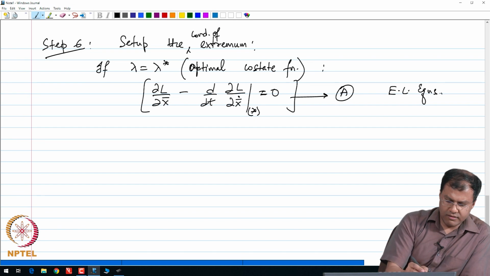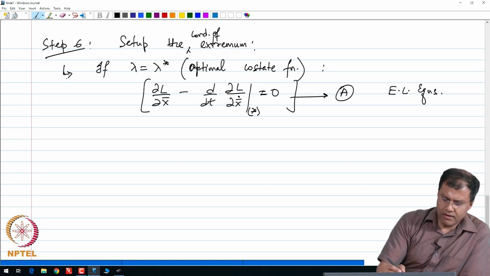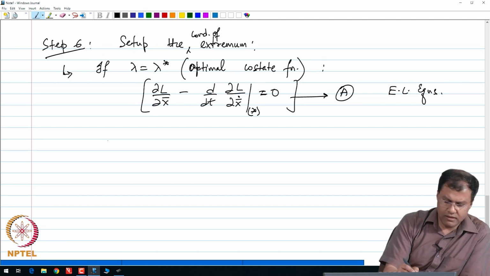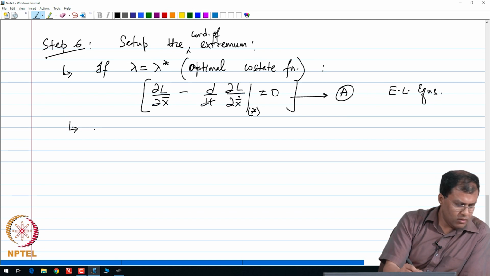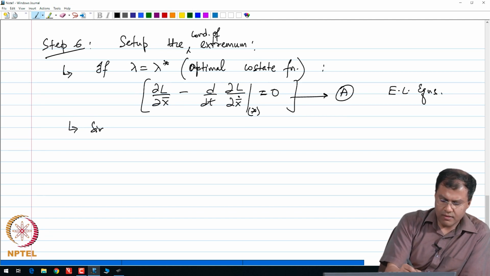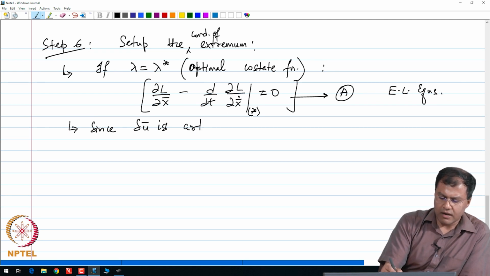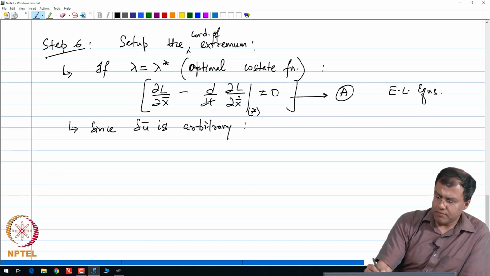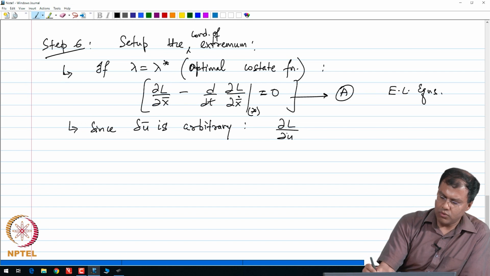We also have the optimal control condition. So, we have another constraint that comes through. Since my variation in u is arbitrary, I see that partial L partial u at star condition is also 0.